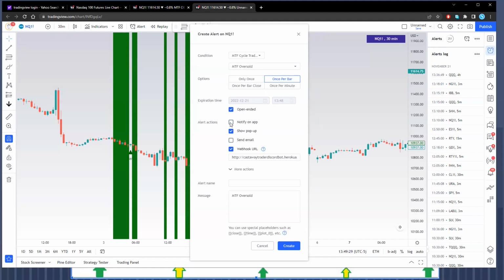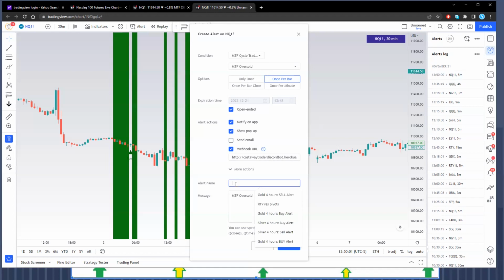Then you can check notify on app, and it's great if you cannot watch the screen the whole day. You click notify on app, you can install the TradingView free app on your smartphone or tablet, and you will get pop-up notifications, so you will never miss an attractive trading setup. You can also click show pop-up, so you will get that pop-up notification on your desktop version and mobile version of TradingView.